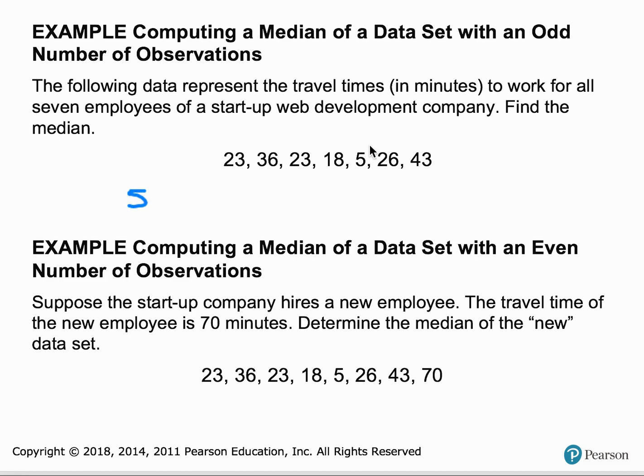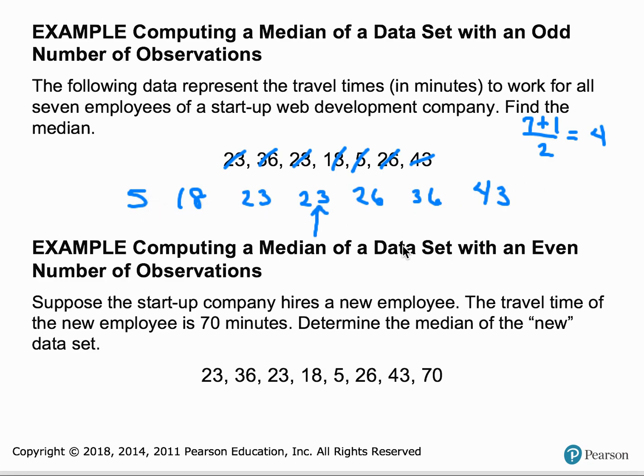So 5, 18, 23, 23, 26, 36, 43. Okay, there's 1, 2, 3, 4, 5, 6, 7 values. So 8 divided by 2, the median is the 4th one. 1, 2, 3, 4. So the median is 23.